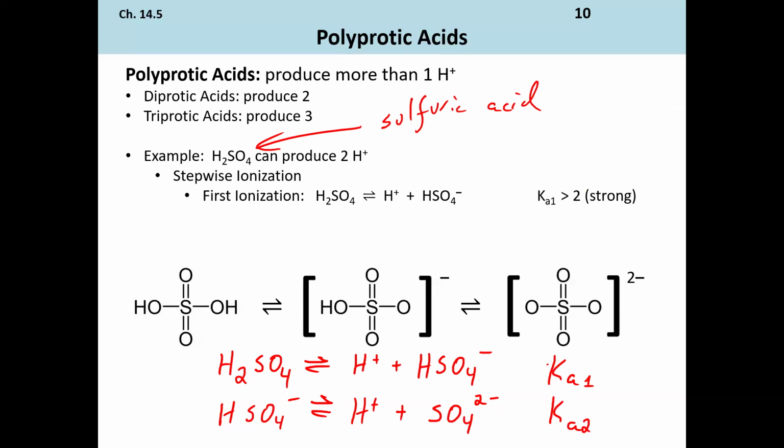The first ionization is because it's losing its first H+. It has a Ka1 of greater than 2, so we would call this a strong acid. The second ionization is now 1.2 times 10 to the negative 2. That is much weaker.